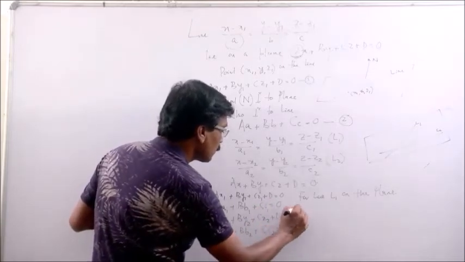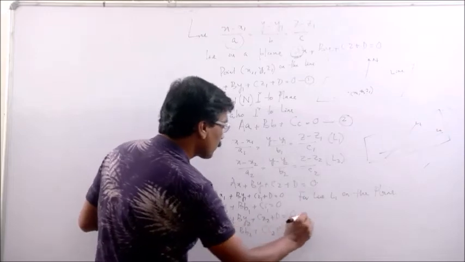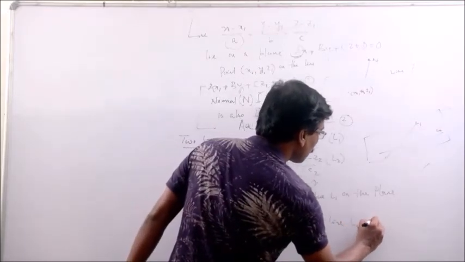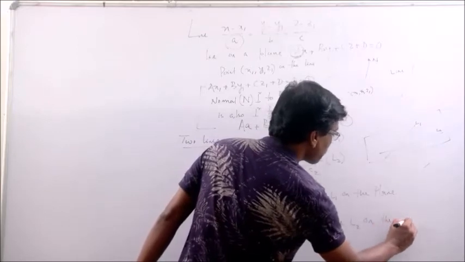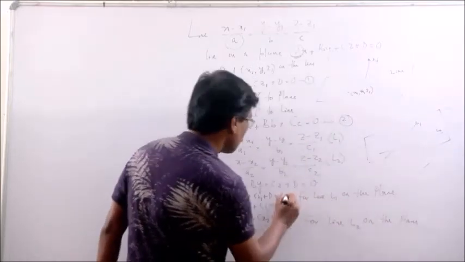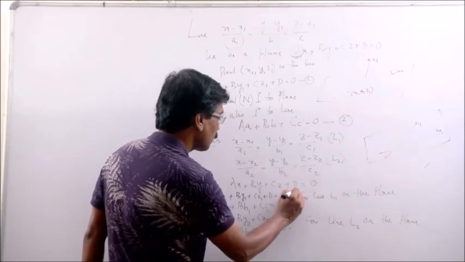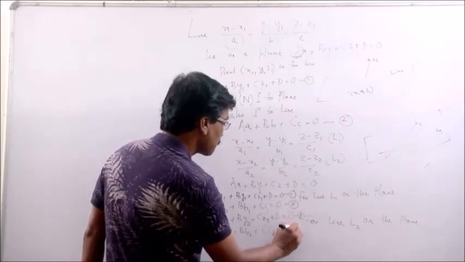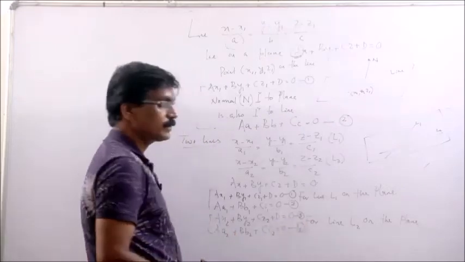So these two are for line L2 on the plane. Now, if we number them as equations 1, 2, 3, 4, we have 4 equations.